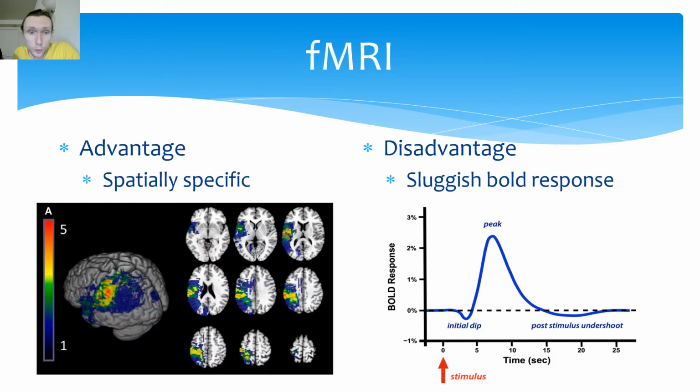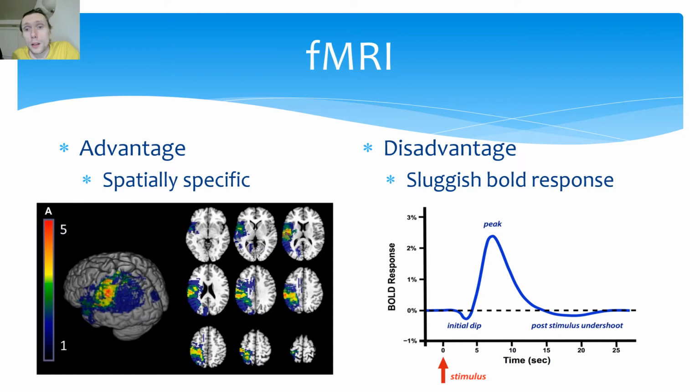The advantage of fMRI is that it's spatially quite specific, where the spatial specificity will depend a little bit on the magnetic field strength that your MRI machine has, but a 3 Tesla scanner typically has a spatial resolution of 2 to 3 cubic millimeters, which is relatively small. It's not single neuron level, but it is, in humans using a non-invasive method, the best thing we have.